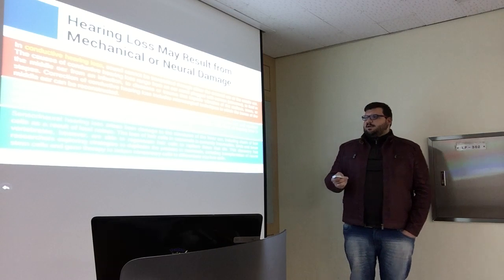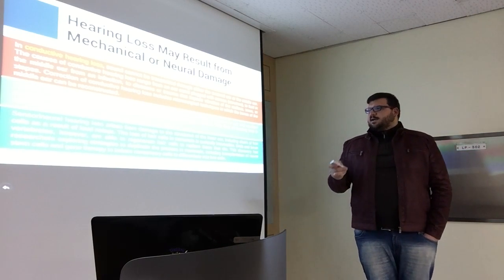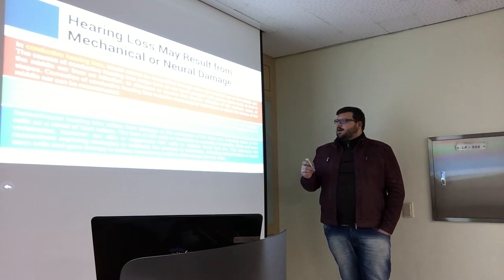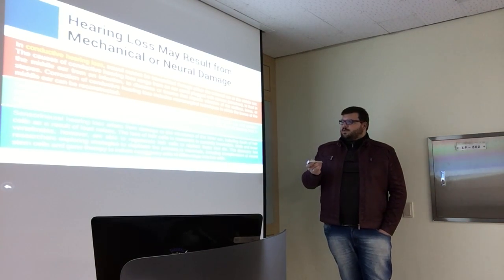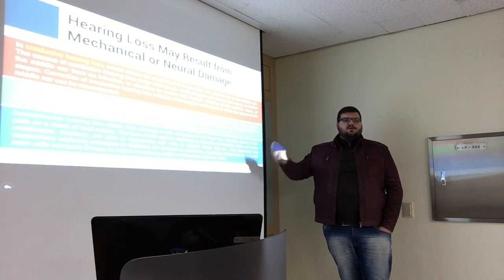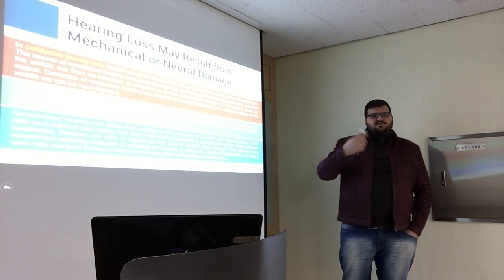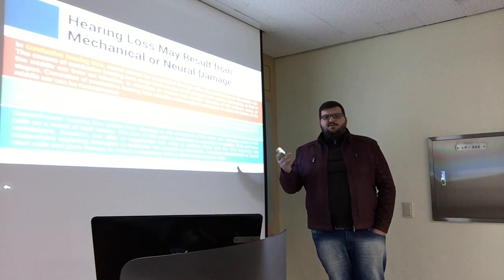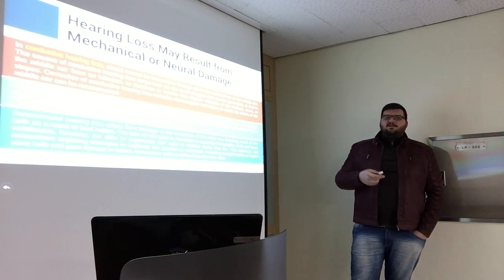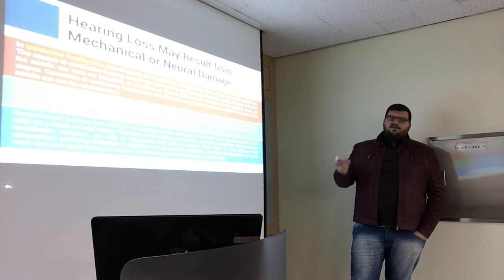And sensorineural hearing loss arises from damage to the structures of the inner ear, and this will cause the waves to not pass to the cochlea and be transduced into electrical signals to send to the brain. So there are two types of problems that you can have with hearing loss.